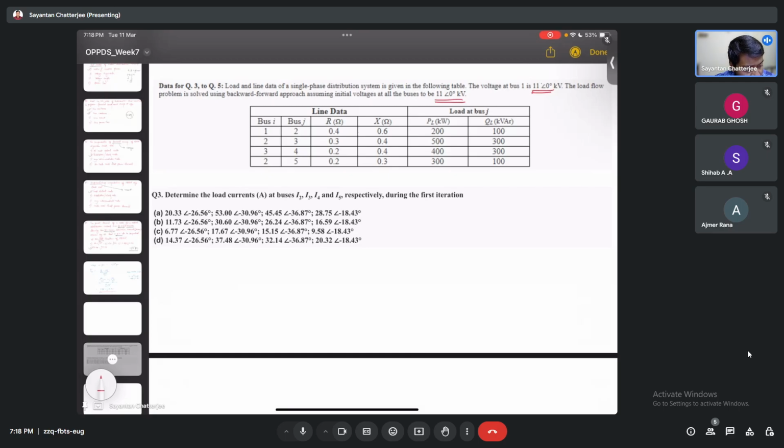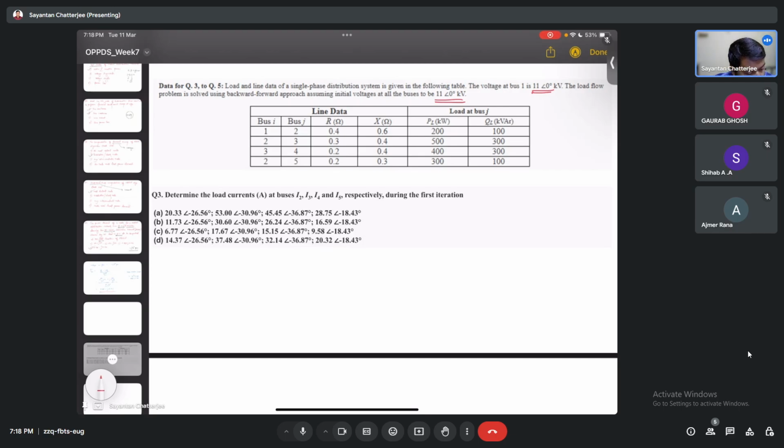This is for bus 1, and initial values of the buses can be considered as 11 angle 0 degree kV. So just calculate the load currents I2, I3, I4 and I5, because how many nodes are there?